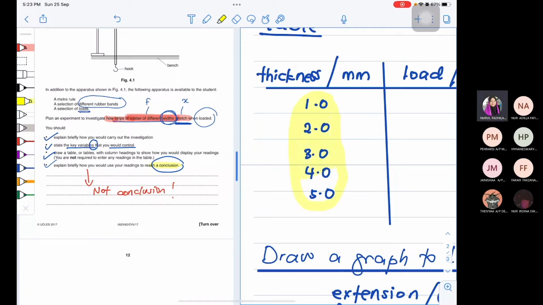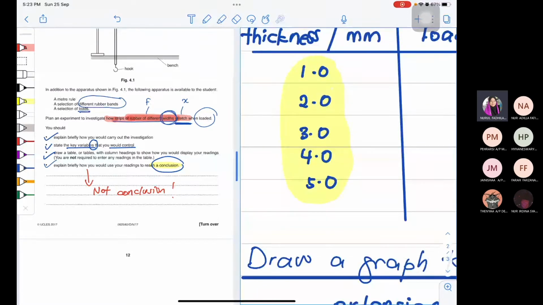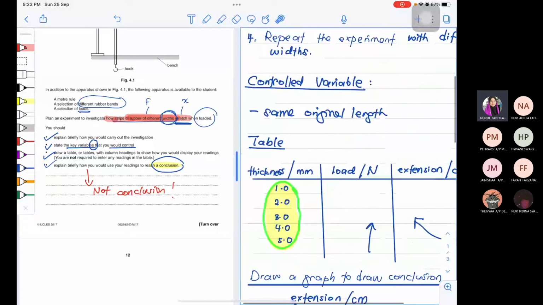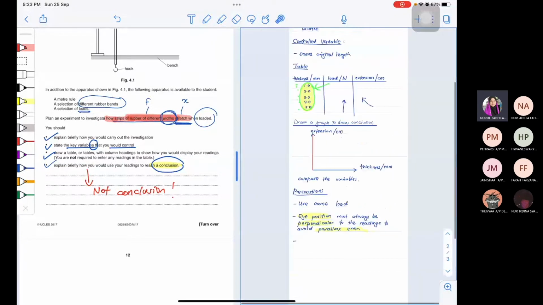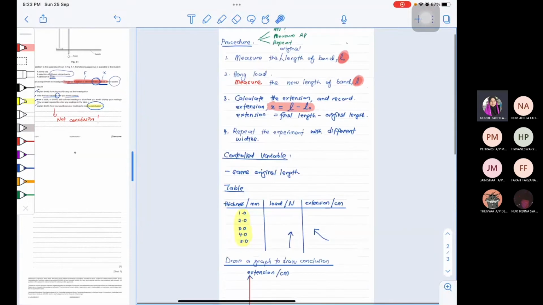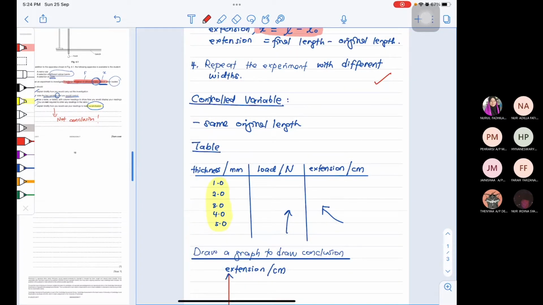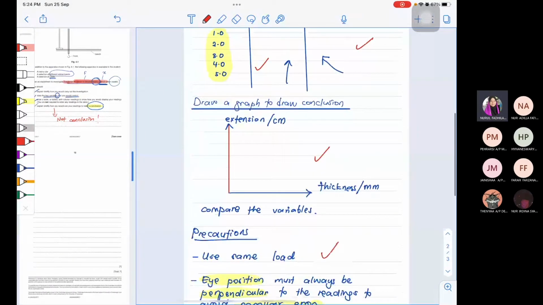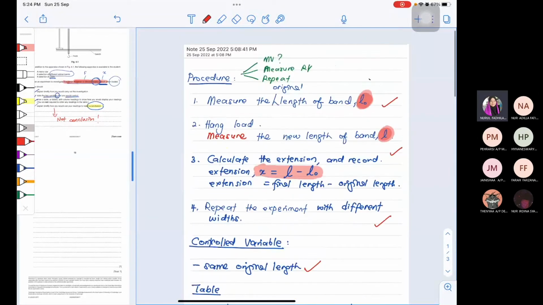If you write here, the examiner will see that you know you need to repeat, even if you forgot to say it. So how many marks do you get for all of these? Full marks: 1, 2, 3, 4, 5, 6, 7. This one is extra, so you get full marks. Easy peasy.